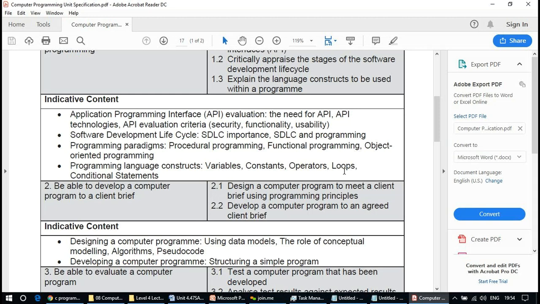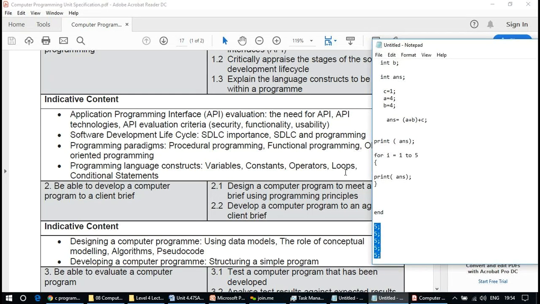So whenever you want to iterate or repeat an instruction or set of instructions, you need to use the loop constructs. There are different types of loops. For example, I have written for i equals 1 to 5.